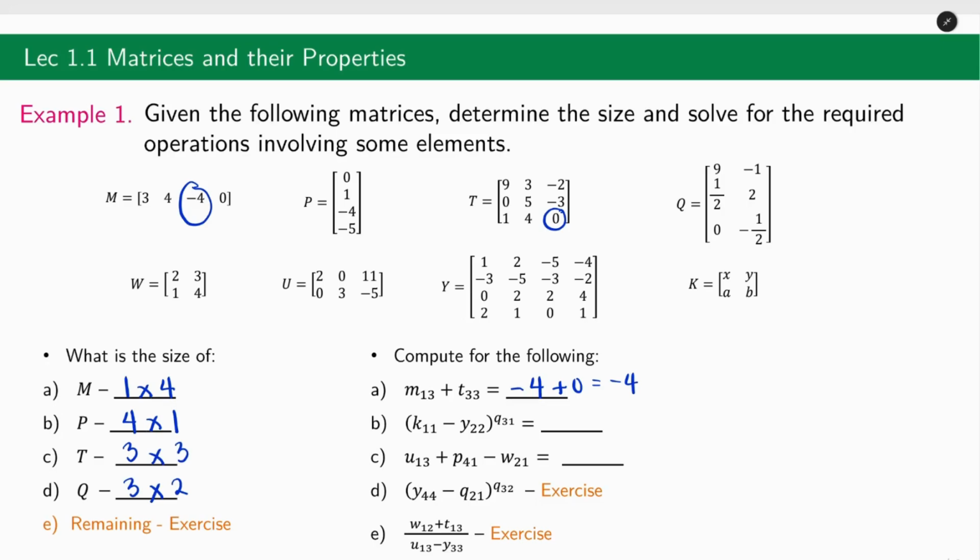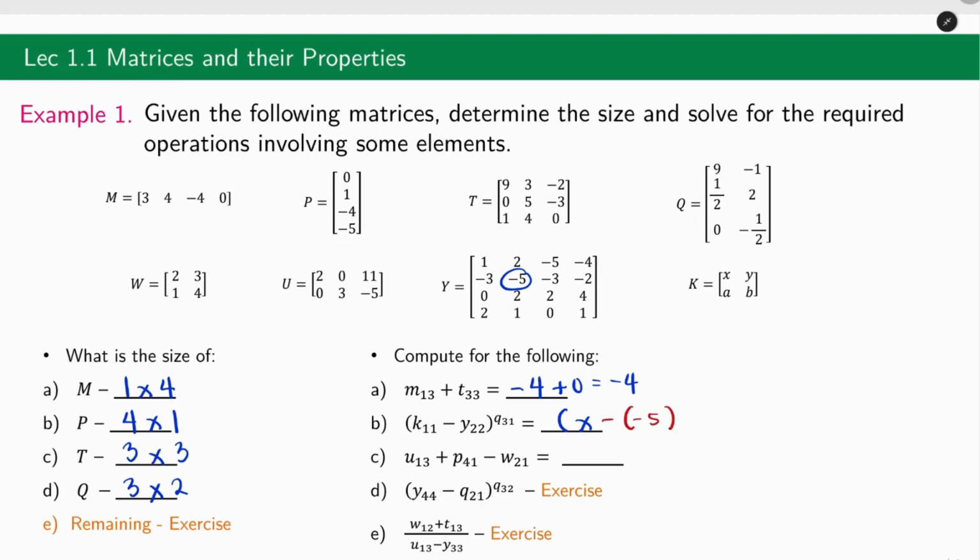Next, the quantity K sub 1,1 minus Y sub 2,2, all raised to Q sub 3,1. Let us set it up first. K sub 1,1, first row, first column, is x. And for Y sub 2,2, second row, second column, this is it. So we have x minus negative 5.